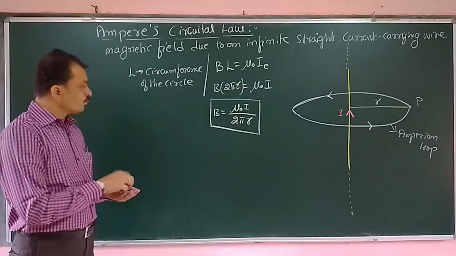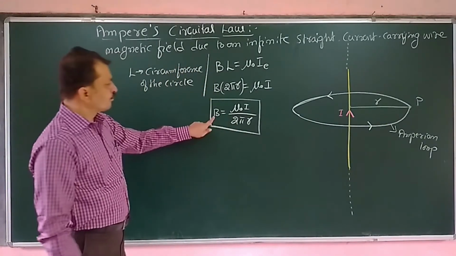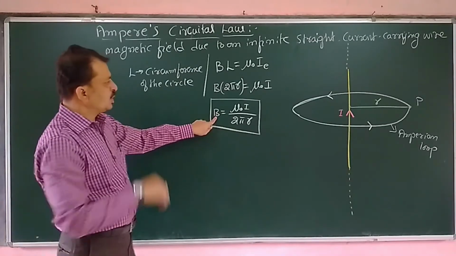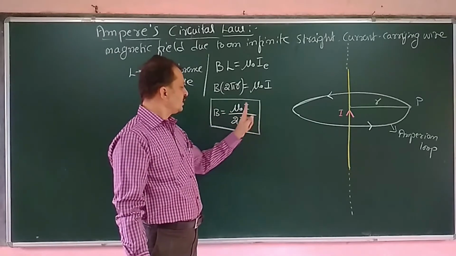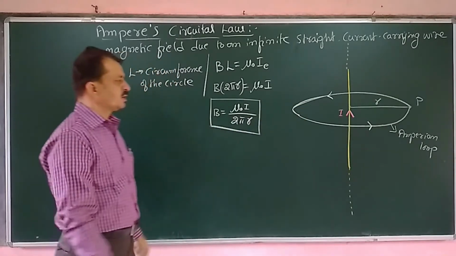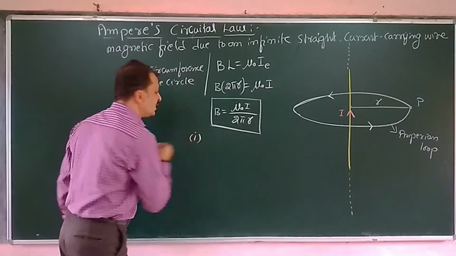Now, by this relation, the magnetic field due to a straight conductor directly depends on the current and is inversely proportional to the distance of the point from the conductor. Now we will study important results from this derivation.